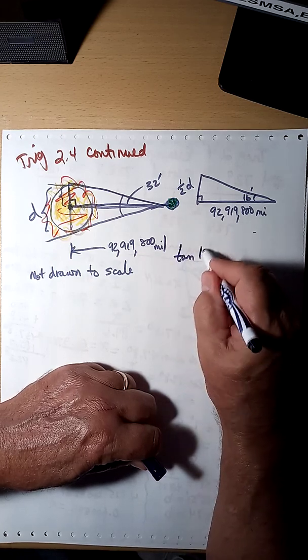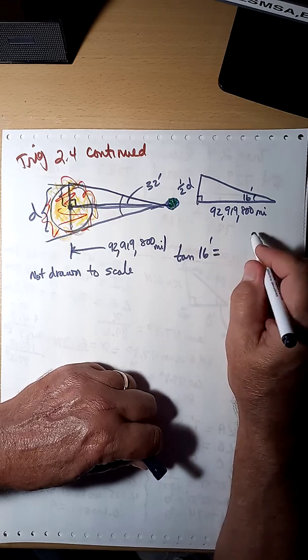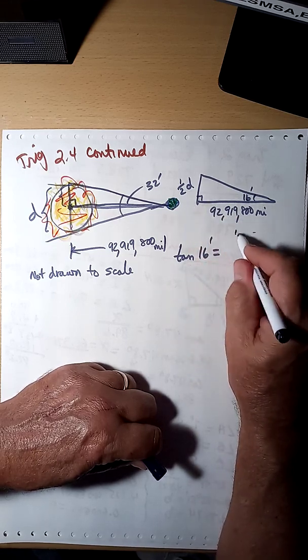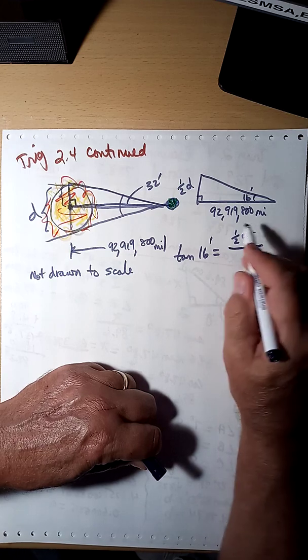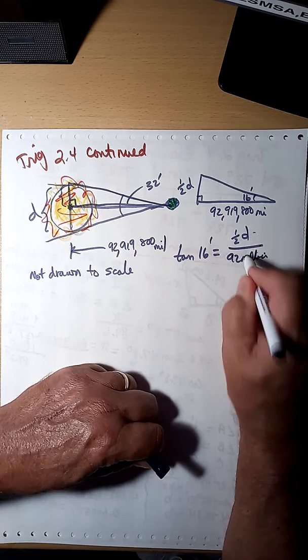So, now if we've got the opposite and the adjacent, which trig function? Tangent. Tangent of 16 minutes, that's important, is the opposite, 1/2 D, over the adjacent, the 92 million.